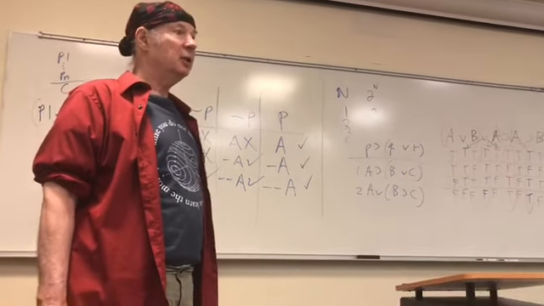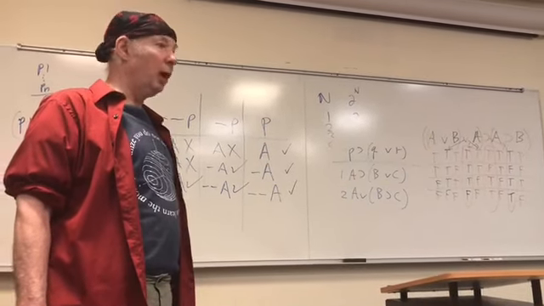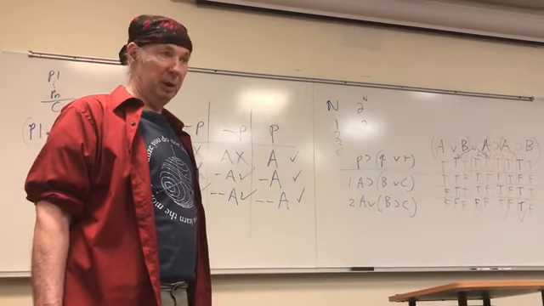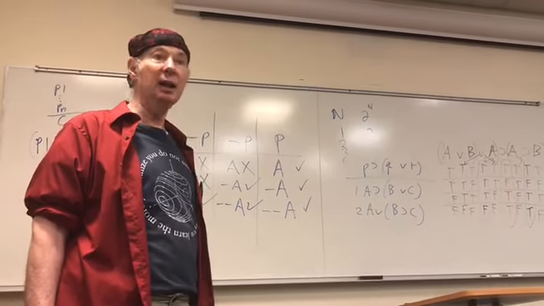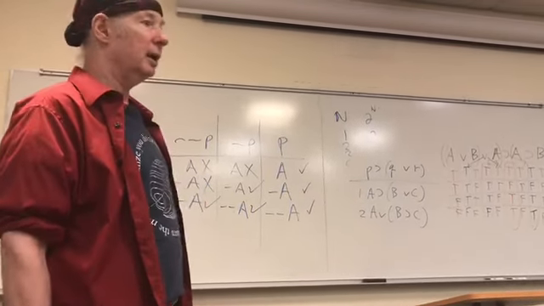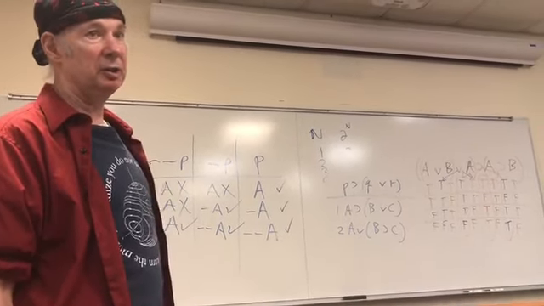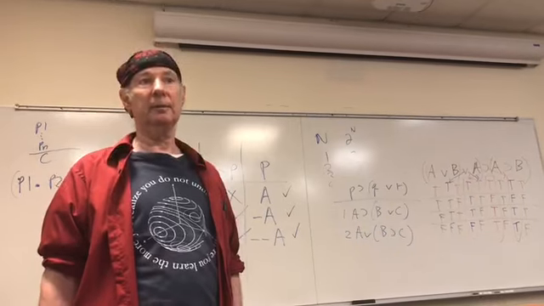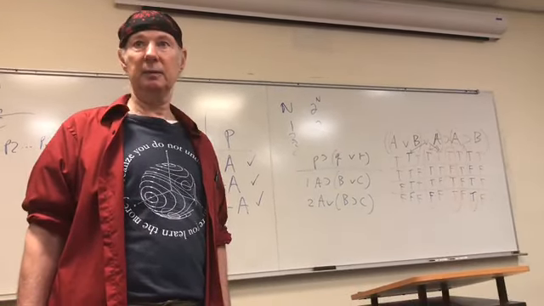The wedge has in its scope B horseshoe C. B horseshoe C is contained in the scope of the wedge. Thus, the scope of the horseshoe in sentence 2 is smaller than the scope of the wedge.